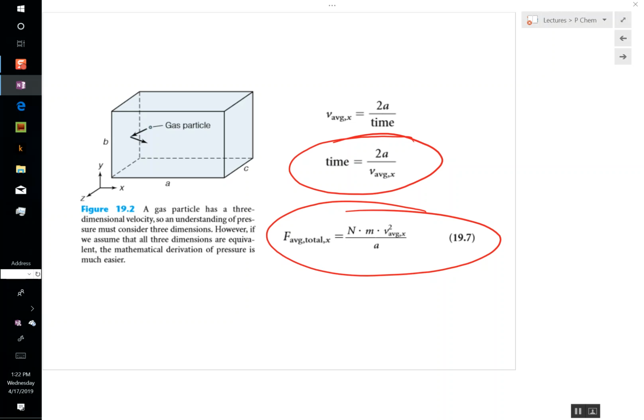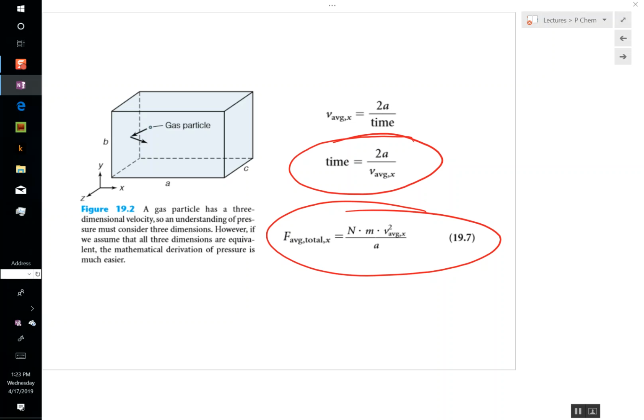What you'll see on the next slide is that A times B times C is what? The volume. So we're going to get a volume term coming into these equations, and we're going to get a pressure term in there. What is pressure?